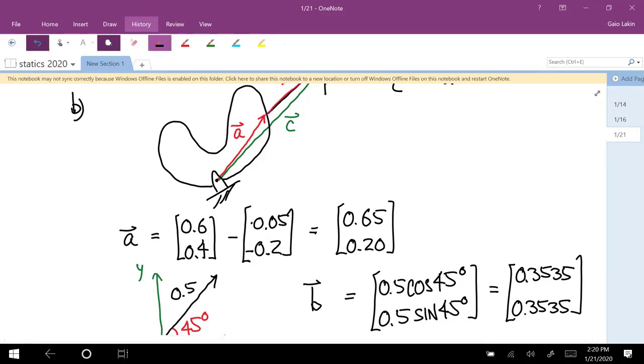Positive. Okay, and that makes this 0.55, and it makes this 0.6.